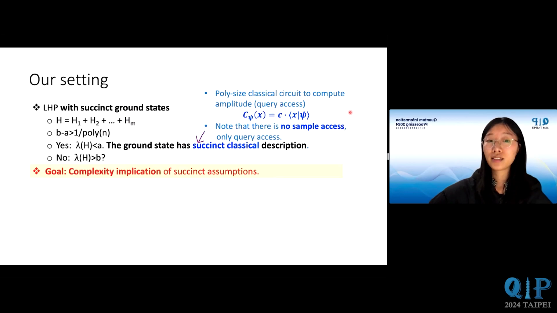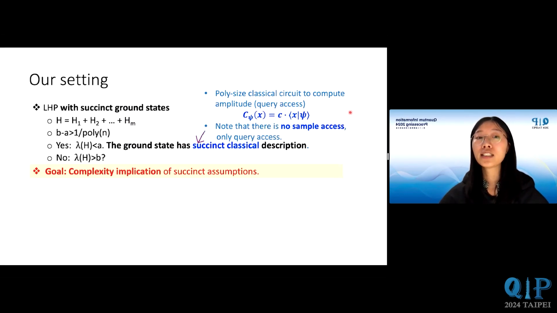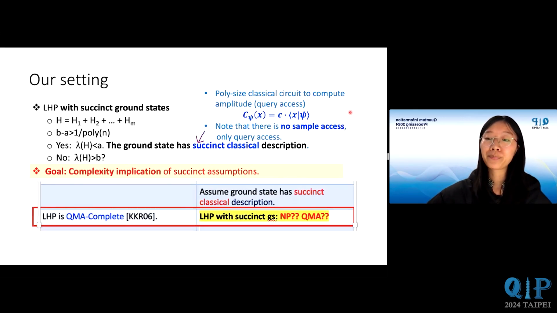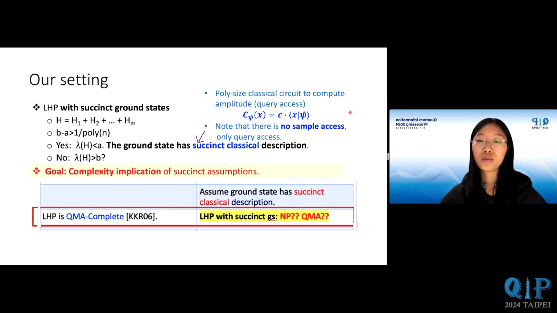The key goal in this talk is to say what the complexity implication is. In general, we know the local Hamiltonian problem is QMA complete. So in this talk, we will try to understand: if you, in addition, assume the ground state has some kind of succinct classical description, will this problem become classical, like NP or MA, or will it still have some quantum flavor, like QMA?